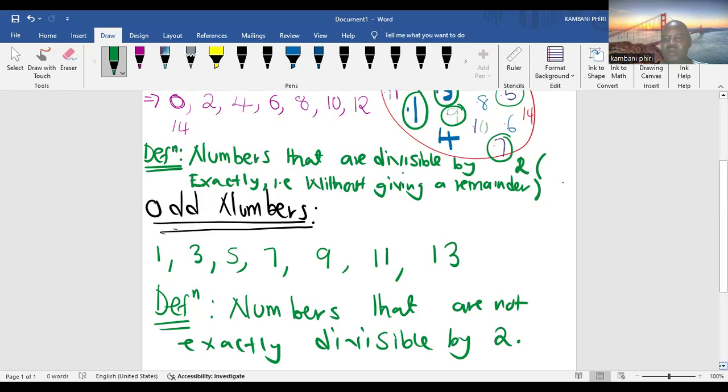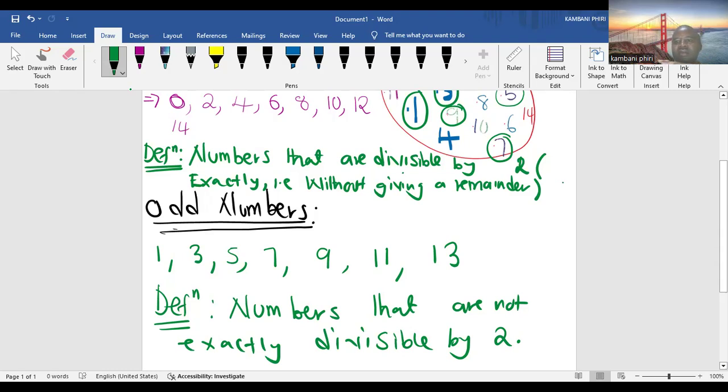Okay, that's what we mean. So you can see that we have got 1, 3, 5, 7, and so on as our odd numbers. Then 0, 2, 4, 6, 8, 10, 12, and 14 as our even numbers from this set.